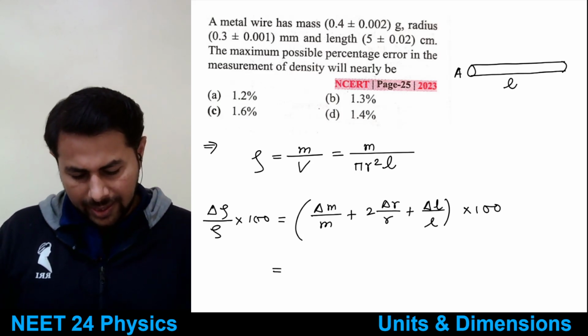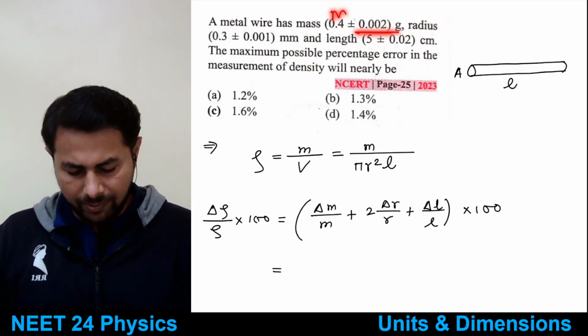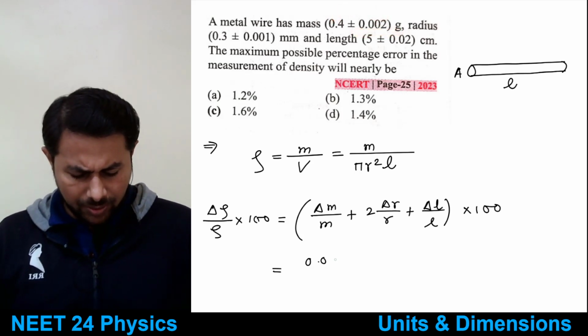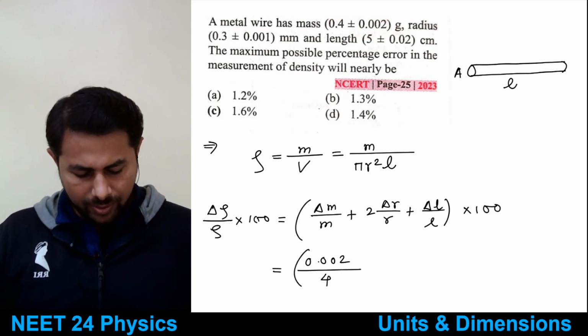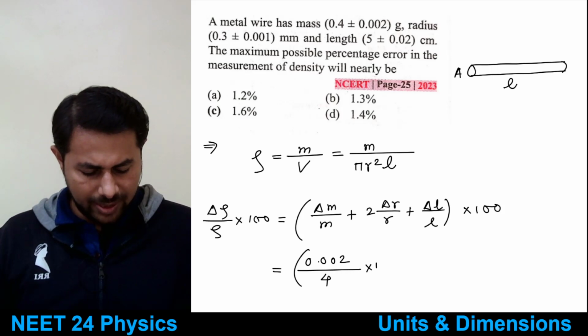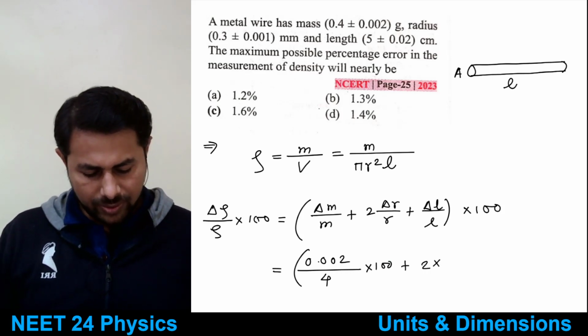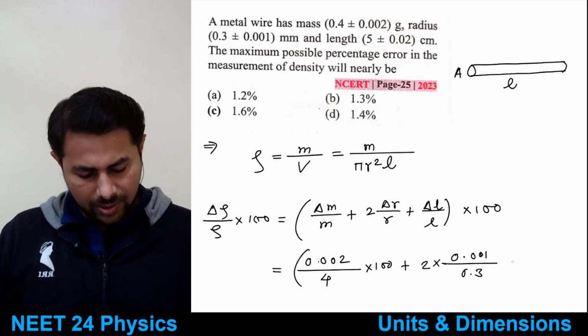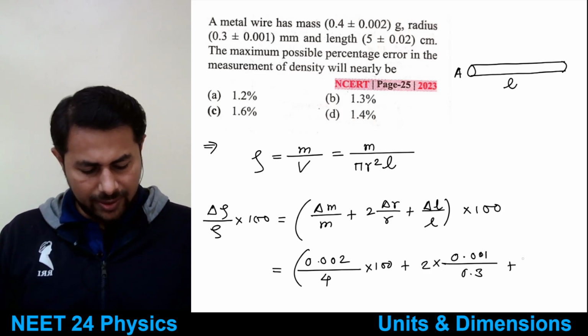So what is delta M? This is M, this is delta M, right? 0.002 divided by 0.4. Okay, and let's multiply with 100. Plus 2 times of delta R by R. So delta R is 0.001 divided by 0.3, plus delta L by L. This thing also multiplied by 100.